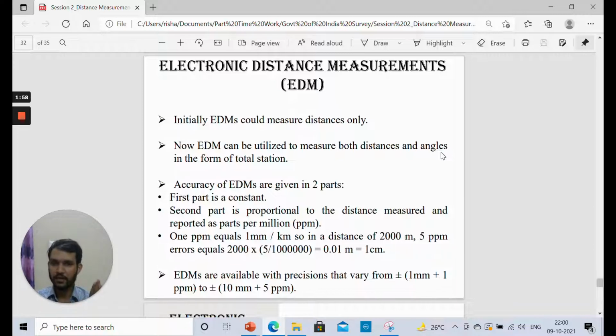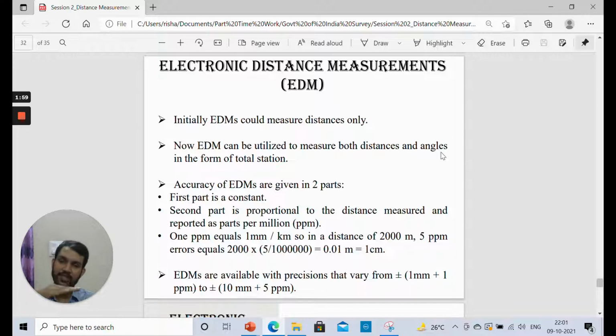If it is 1 ppm, then in every 10 lakh meters, that is 1000 kilometers, it will make an error of 1 meter. Or you can say in every kilometer it will make an error of 1 mm if the accuracy is given as 1 ppm.